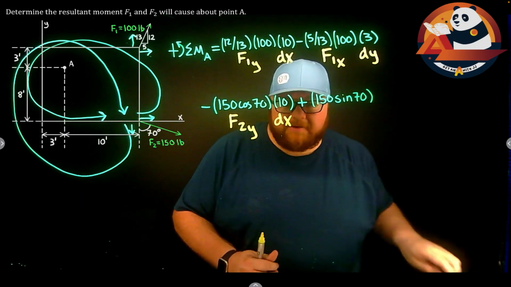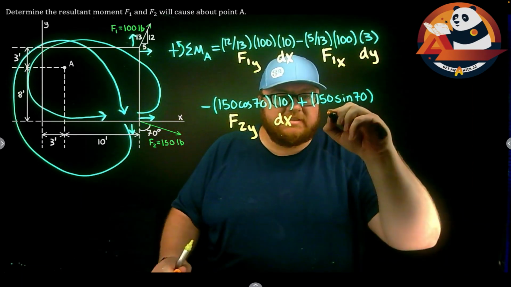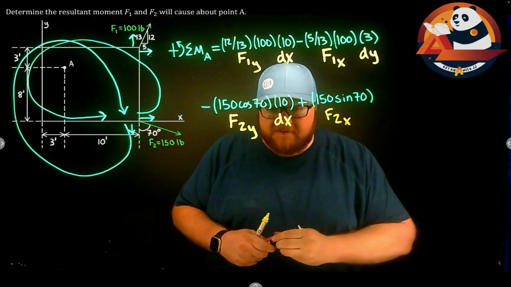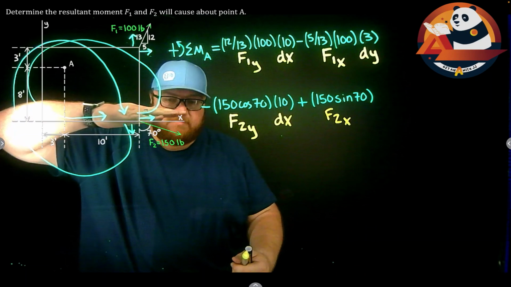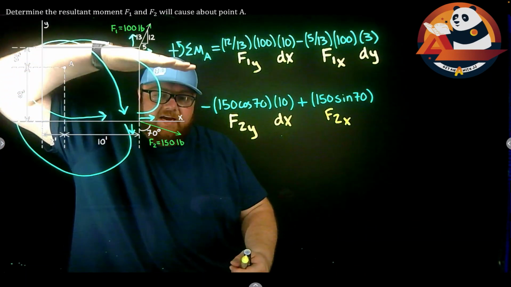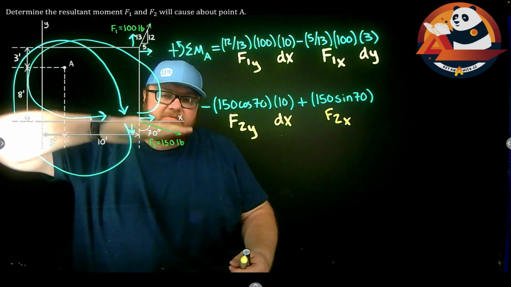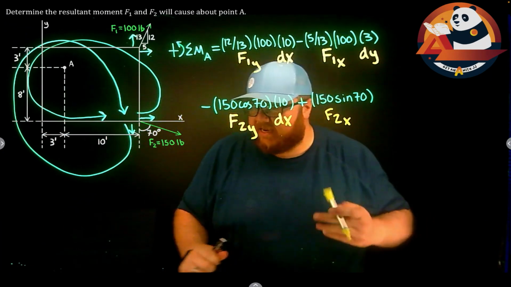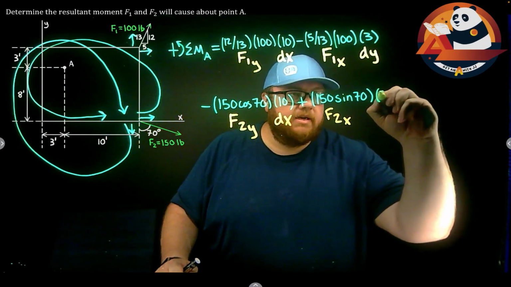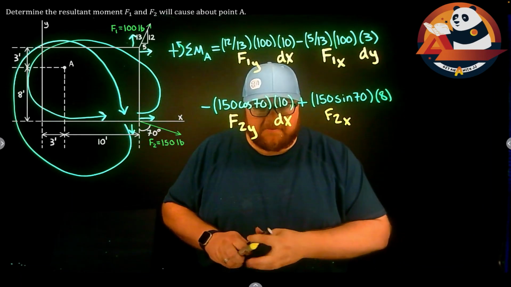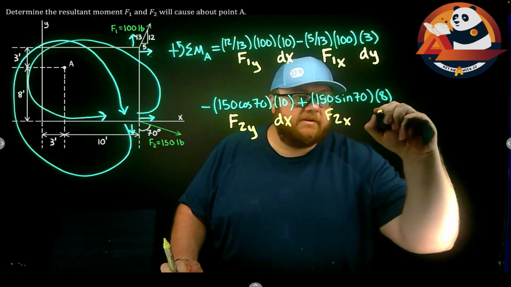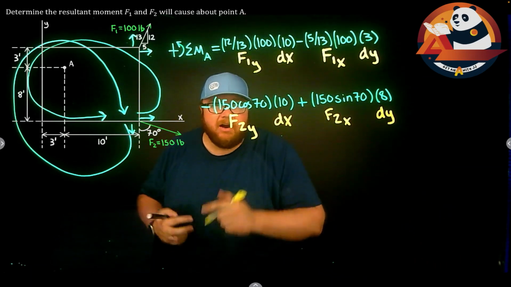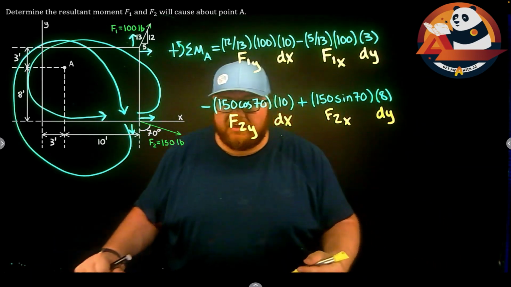Again, all that piece is my F2x, force 2's x component, and I need to multiply by the distance from my arm, the x component, up to A. I'm going in the y direction to make that movement. I'm going up 8 feet. So times 8. It's going to get me my dy term figured out.